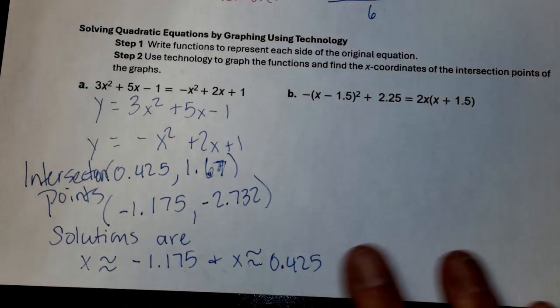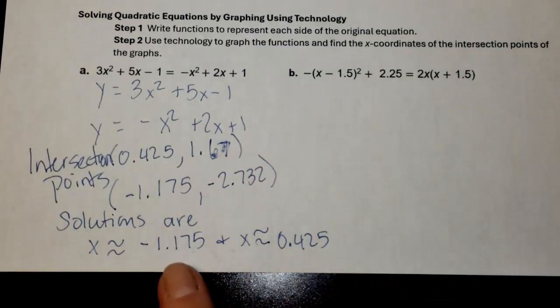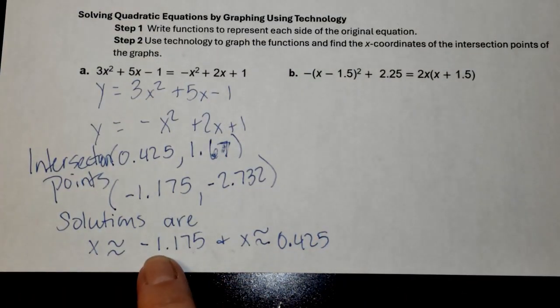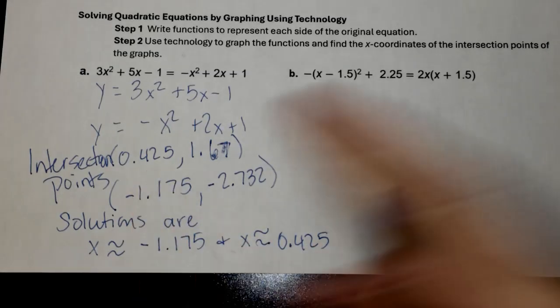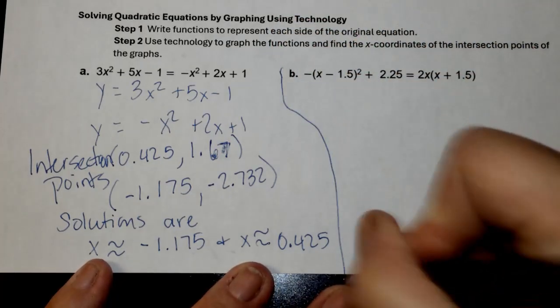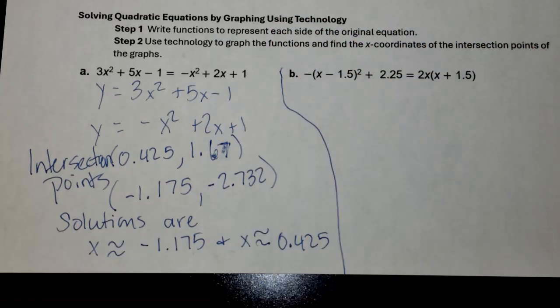So your solutions for this are just your X values. So, well, sorry, I'm beating up the camera. So X is approximately negative 1.175 and X is approximately 0.425. All right, so we're going to do the same thing to this one.